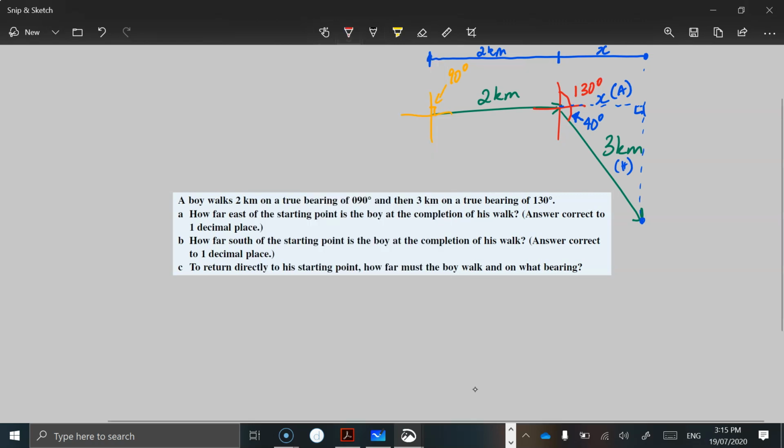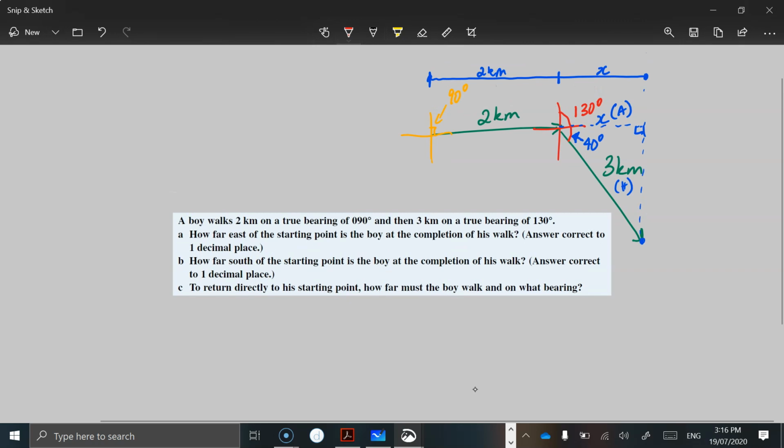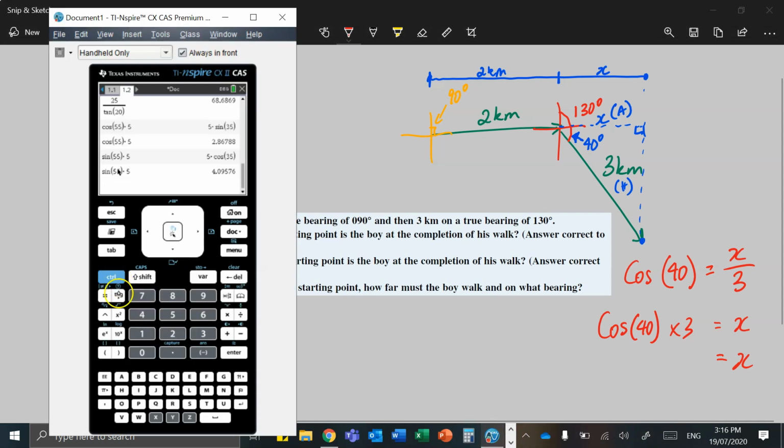So let's work this out. We need to use cosine. So cosine of 40 is equal to our adjacent x over our hypotenuse, which is 3. So x is then cosine of 40 times 3, and our distance of x is therefore cosine of 40, close brackets, times 3 is 2.3.